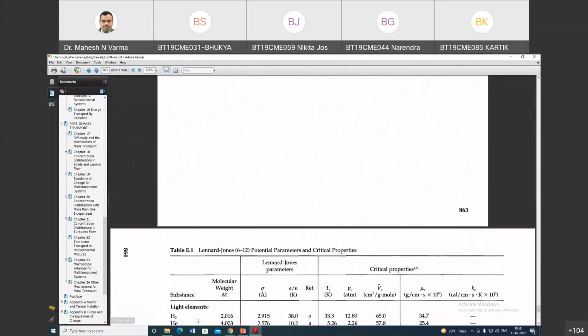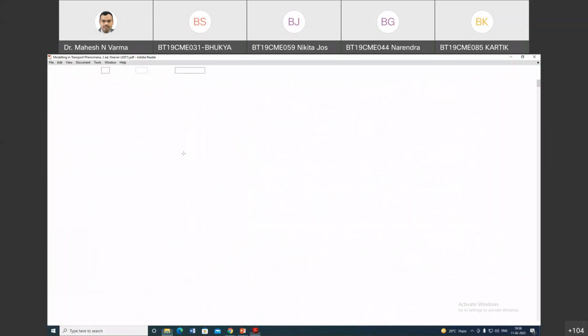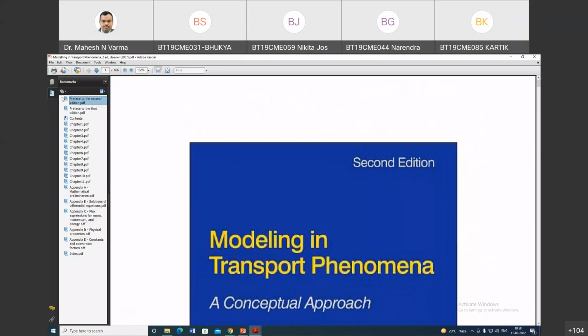Then we have used similar data from this book also.